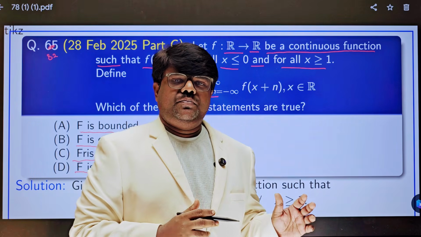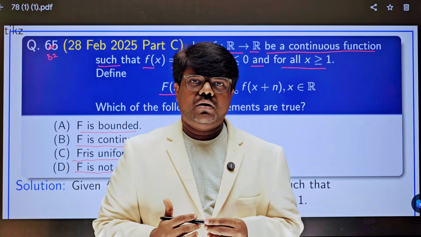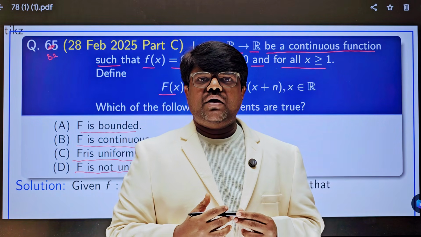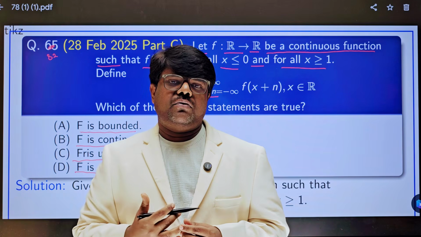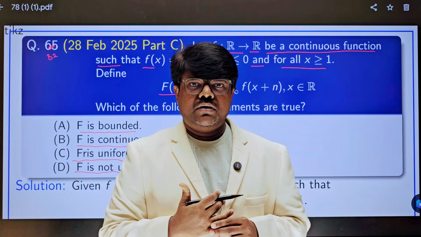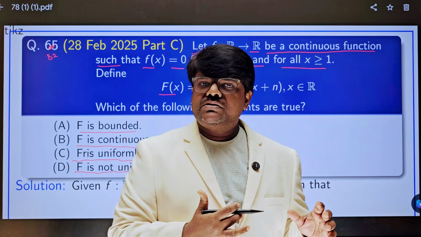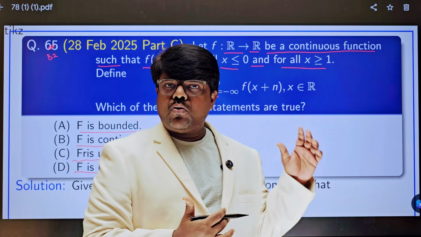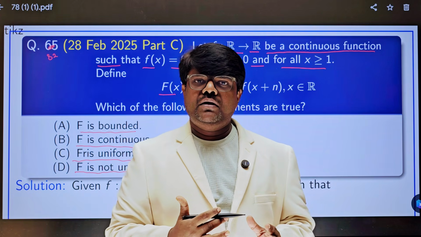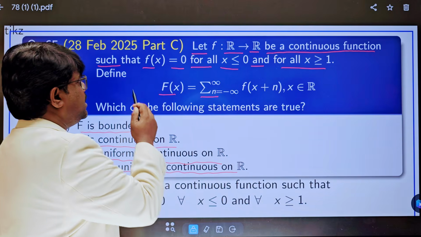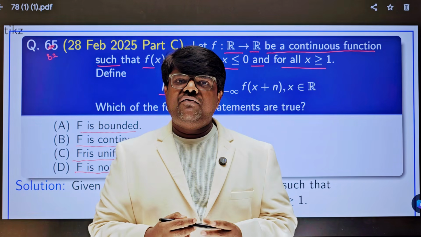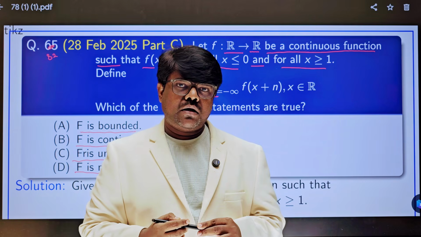The concept behind this problem is very simple. There are two types of functions: one is small f and another one is capital F. For the small f function, they have given certain information. The small f function is continuous, its domain is R and codomain is also R, and they have given some hint: f of x equals 0 for all x less than or equal to 0 and for all x greater than or equal to 1.